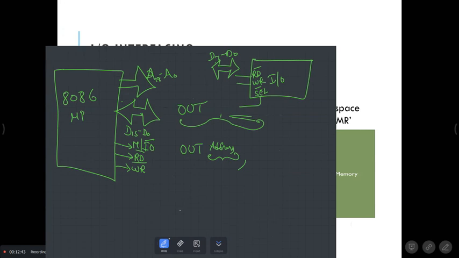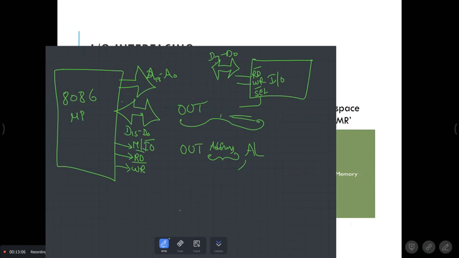The data can be in any register of the microprocessor, like AL, BL, whatever. This instruction writes the data into the IO device. From where does it write? From the microprocessor.